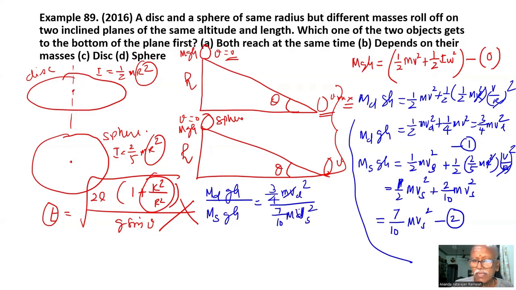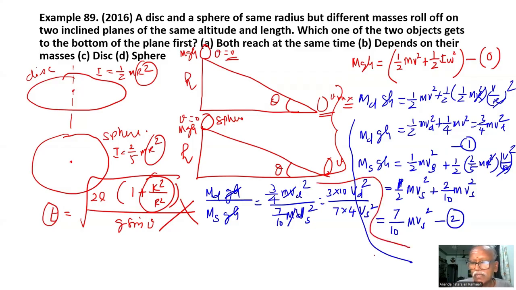M gets cancelled, g h gets cancelled. Therefore this 3 by 4 can be written as 3 multiplied by 10 v disk square divided by 7 multiplied by 4 v sphere square.